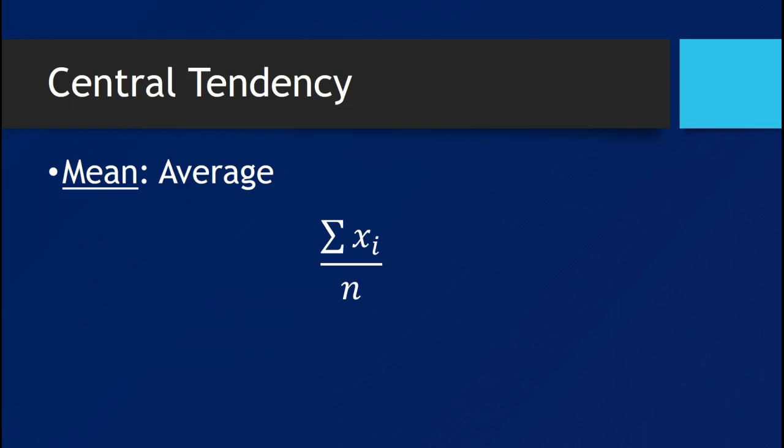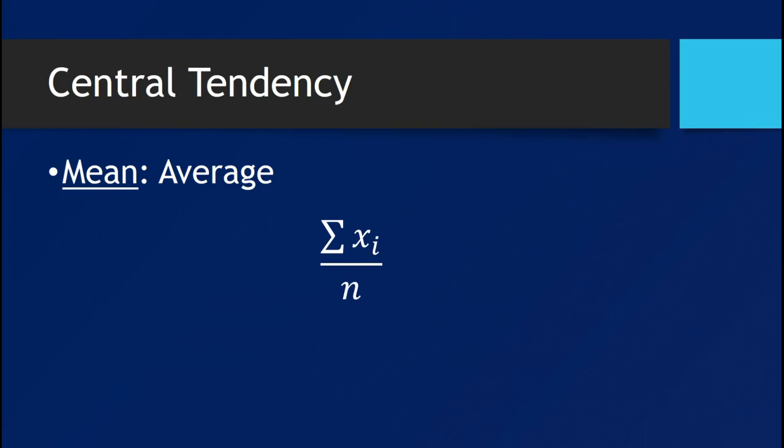And because the center of a group is not a well-defined idea, we have different measurements, different ways to find the center of the group. So we're going to look in this class at 4 different measurements of central tendency. The first is the mean.